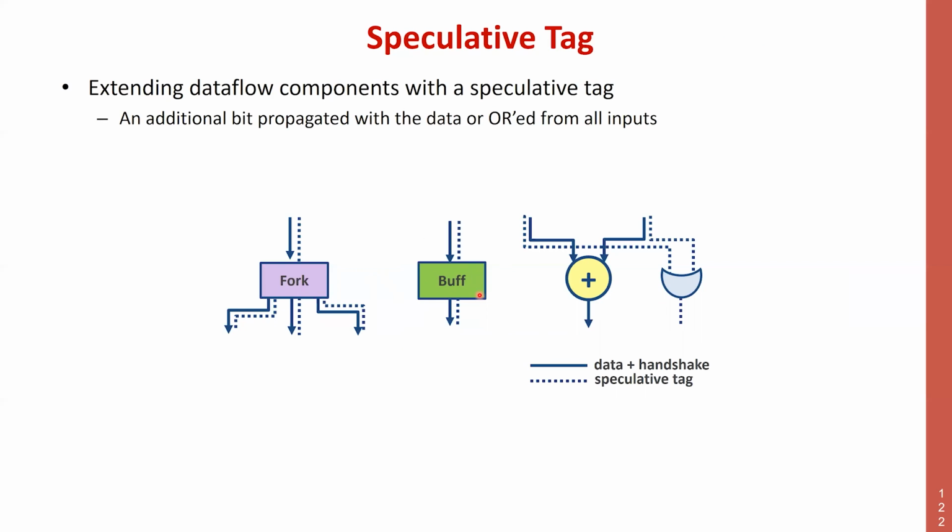The buffer has one more bit to remember that the value received was speculative, and when it is transmitted to the successor, it will still be speculative. And in some cases, there will be something that says if any of the two operands that I received to compute the addition was speculative, then of course the result is also speculative.